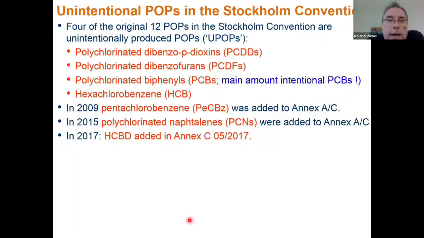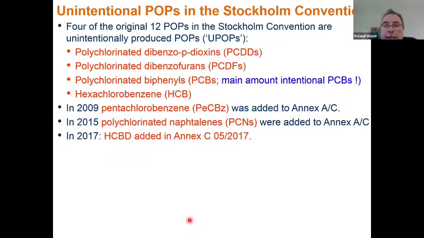So in the first original 12 POPs, we had already 4 unintentionally produced POPs listed. This included polychlorinated dibenzodioxins, short PCDDs, the polychlorinated dibenzofurans, PCDFs, and also polychlorinated biphenyls, which Michael introduced as industrially produced PCBs, but they can also be formed, for example, in incineration as unintentional POPs.